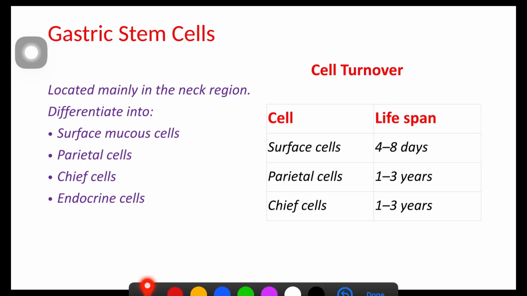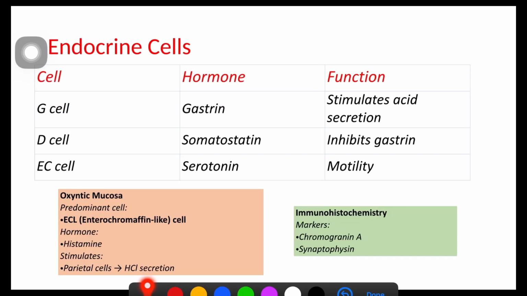And if we see cell turnover, surface cells have a lifespan of 4 to 8 days, parietal cells are replaced in 1 to 3 years, and chief cells also have a lifespan of 1 to 3 years. Now endocrine cells. G cells produce gastrin and it stimulates acid secretion. D cells produce the hormone somatostatin, which inhibits gastrin.